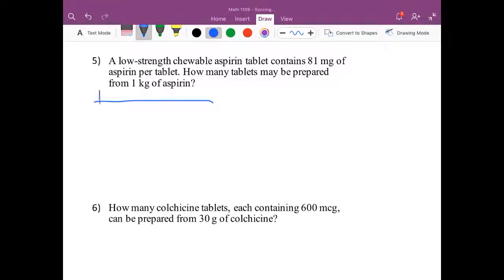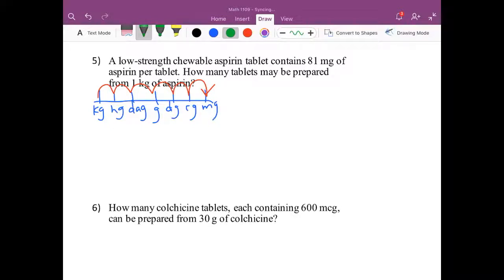So I have kilograms, hectograms, decagrams, grams, decigrams, centigrams, milligrams. So I'm going to need to do 1, 2, 3, 4, 5, 6 jumps to the right.